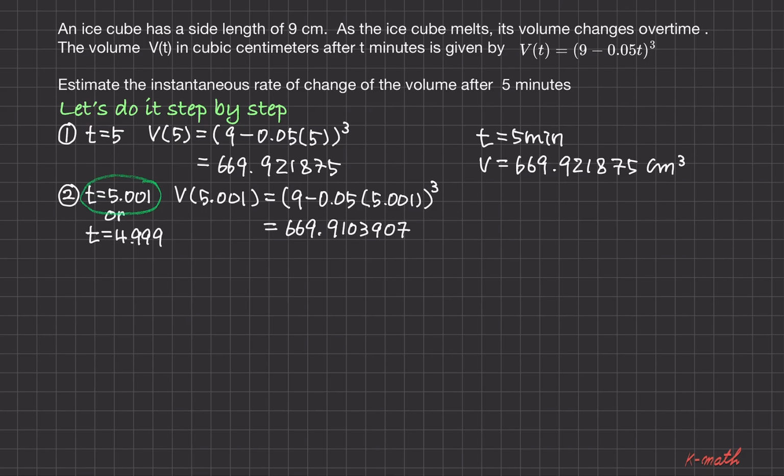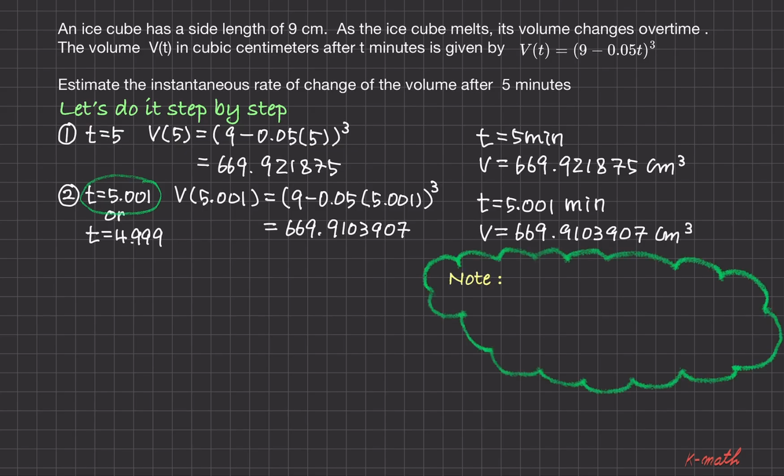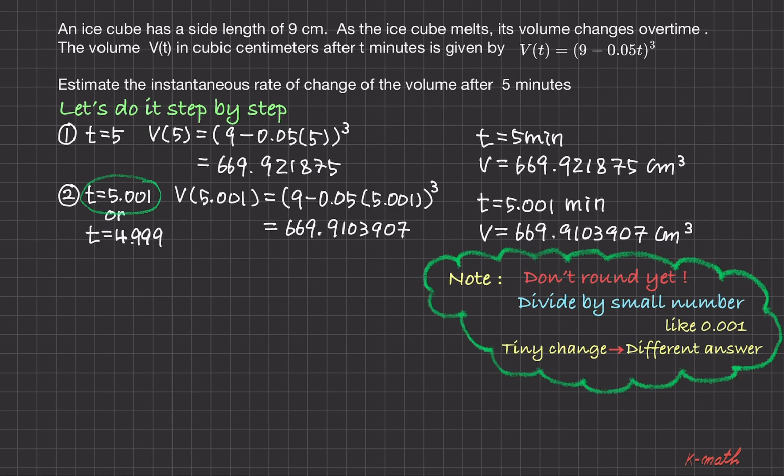So again, at t equals 5.001 minutes, the volume of the ice cube is 669.910397 cubic centimeters. Just be careful, don't round yet. We are going to divide by a very small number like 0.001. Even tiny changes can affect the final answer.